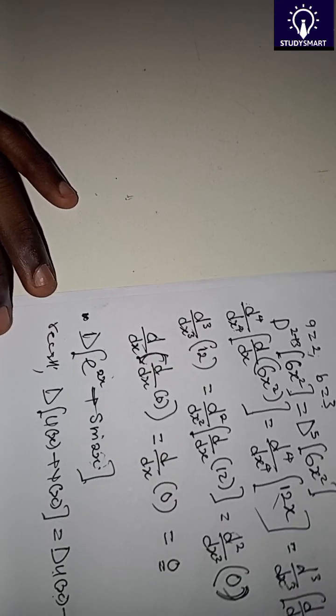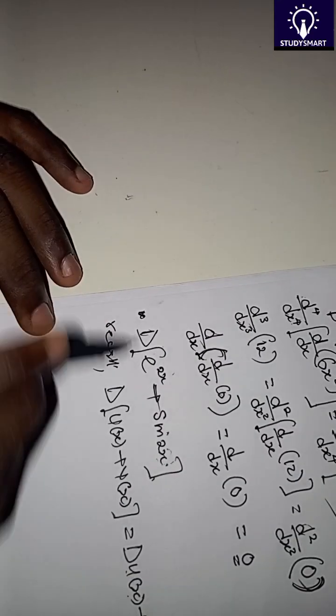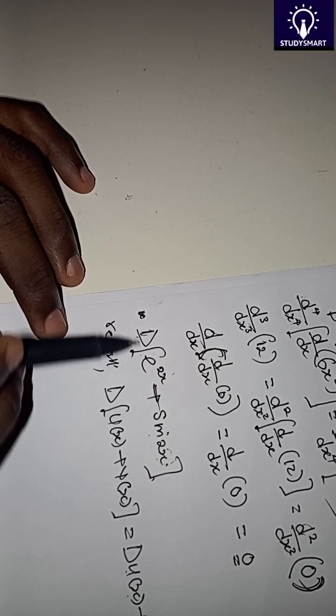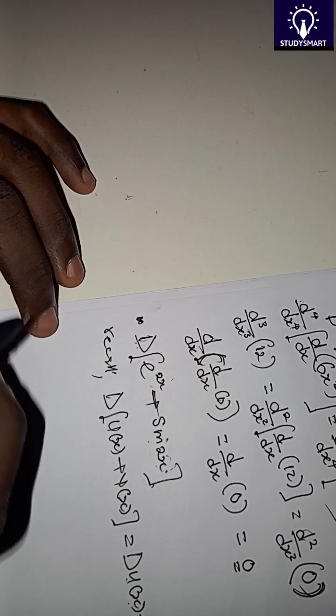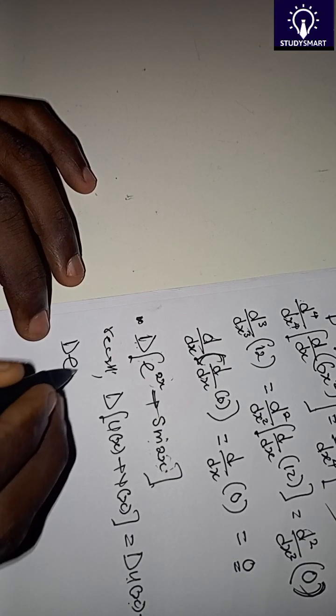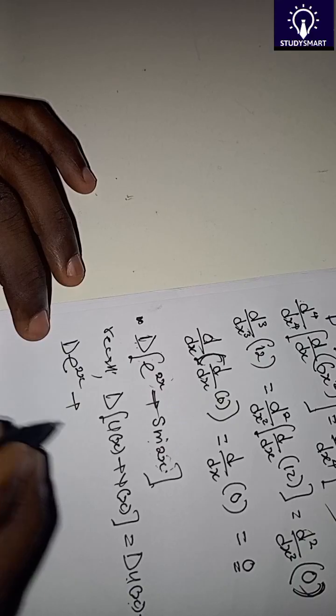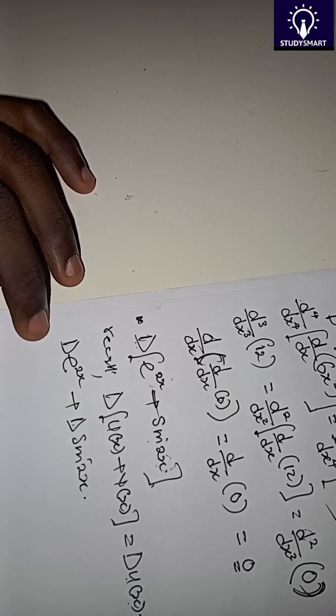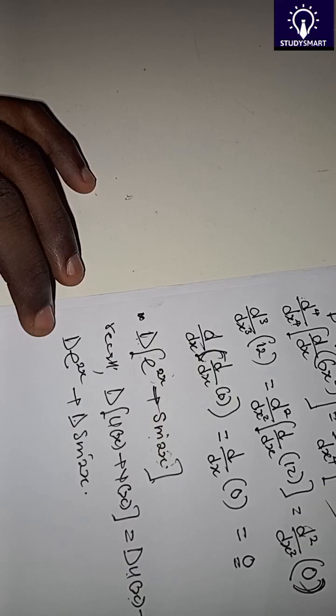So following this property, we are going to be solving this problem here, which implies that I'm going to distribute this d to each of the functions here. It means that I'm going to be having d exponential 2x plus d sine 2x, right? So you having this now, right?